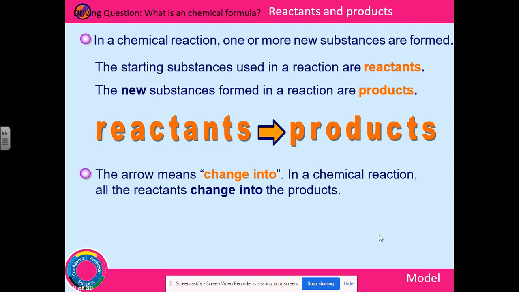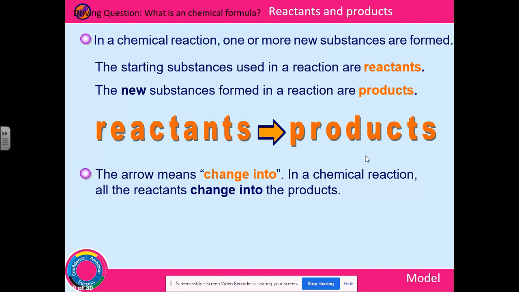In a chemical reaction, all the reactants change into products. So what we have on this side of the equation, our reactants, must be equal to this side of the reaction in terms of its products. So again, the reactants must be equal to the products.